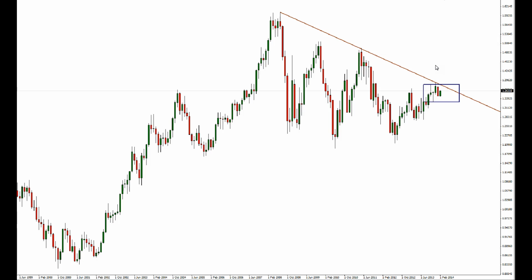In case the price is showing a buyer's confirmation, we have the opportunity to consider a bullish trade, but in this case we have to be very careful, because we are buying right into a very strong resistance level.